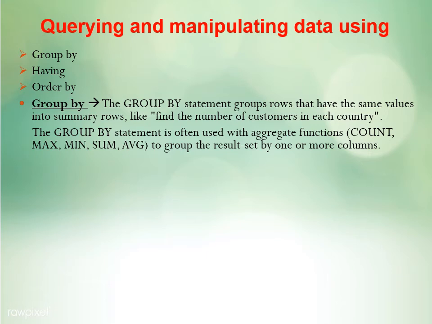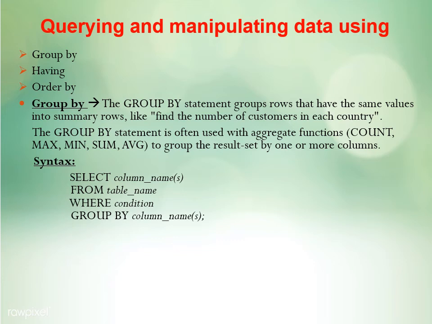The group by statement is often used with aggregate functions like count, min, max, average, sum to group the result set by one or more columns. This is the syntax: select column name from table name, where condition, group by column name. According to this column, the result will be grouped on the basis of the condition.